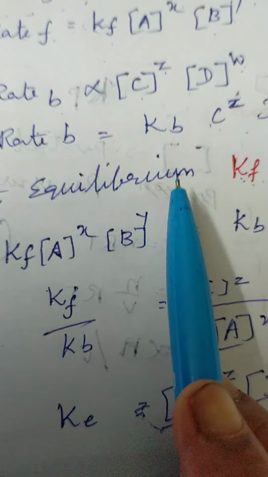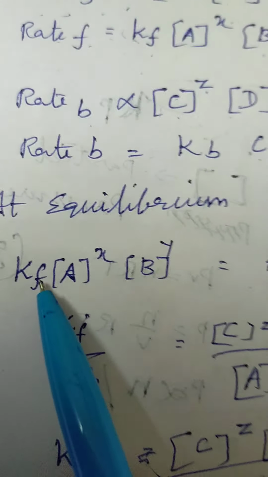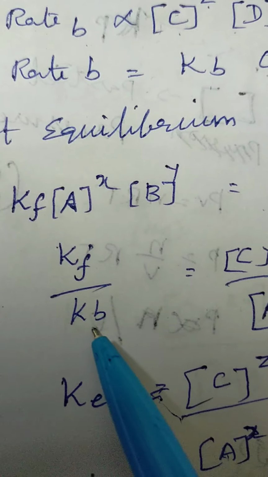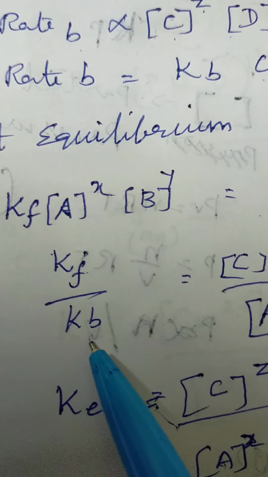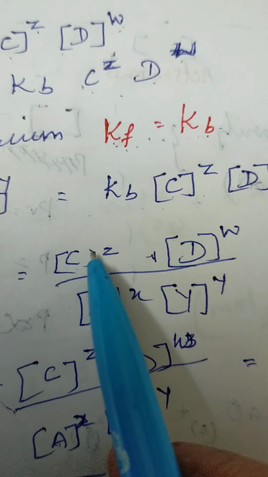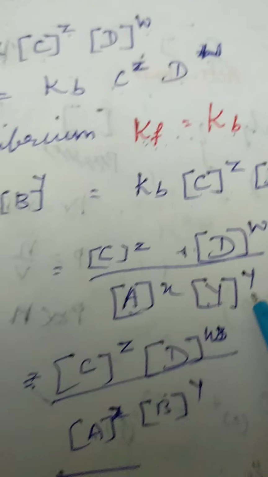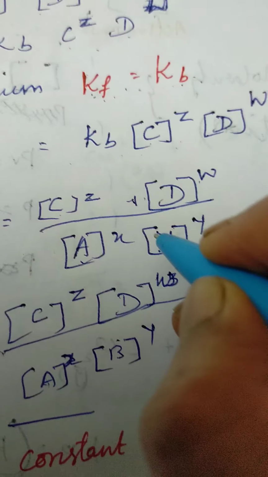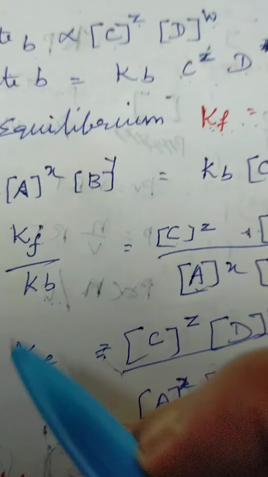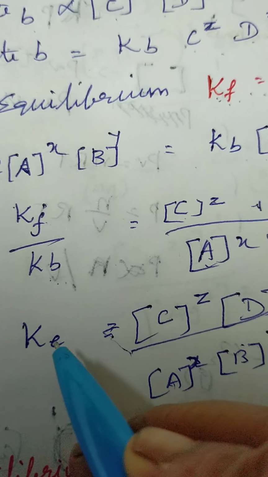So while writing equilibrium, the rate of forward reaction is equal to the rate of backward reaction. So Kf by Kb, if you transpose the equation, you will get the active mass of C and active mass of D divided by the active mass of A and active mass of B. Now we are introducing the equilibrium constant, that is Ke.